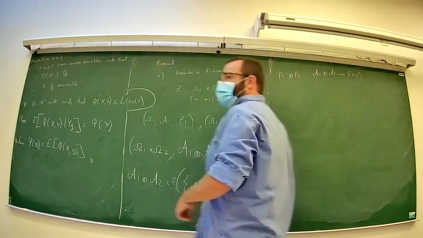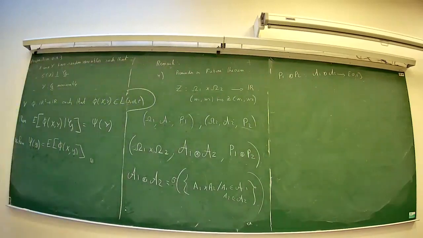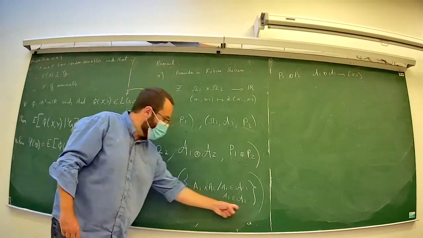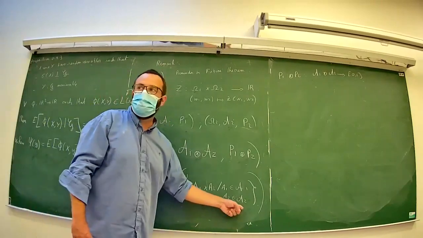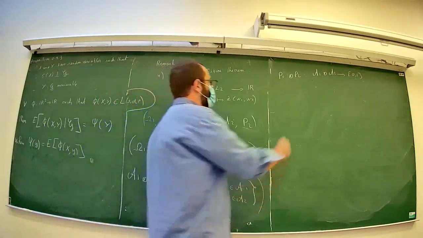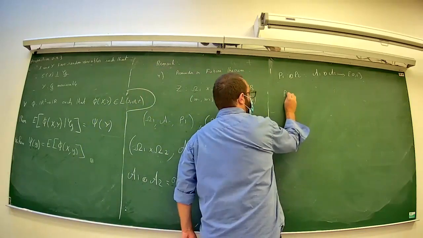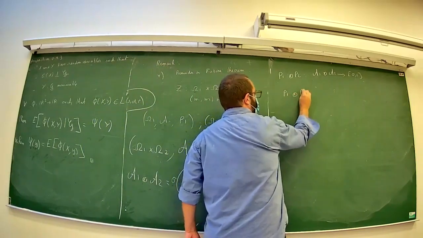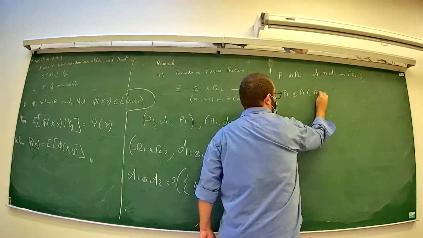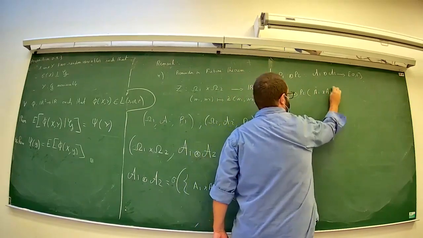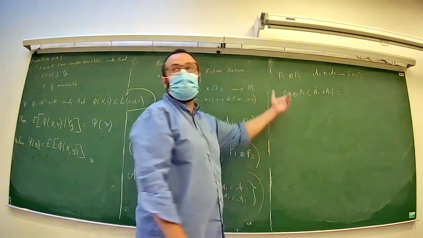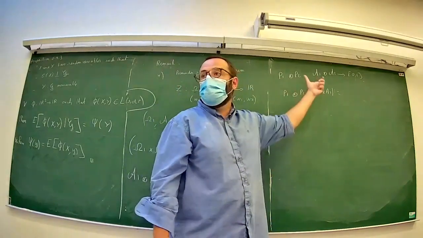And how is it defined? It is defined in the following very natural way. For these elements here, we have a very nice formula: P1 times P2 of A1 times A2 is equal to what we may expect, doing the job component by component.